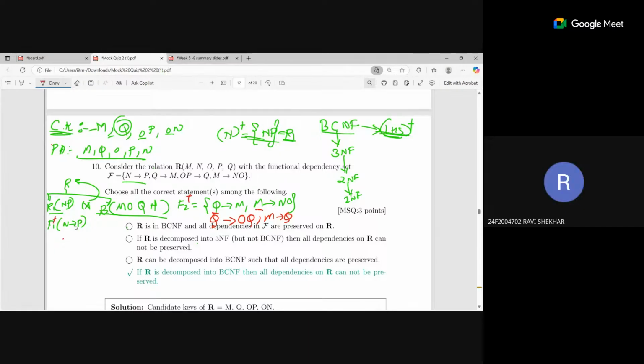Now, sir, in F2, how did we conclude that M determines Q? Because M is basically the key, right? So if I take a closure of M here, I'm going to get all the attributes, right? So it means M can determine Q in F2? No, it is not, because we do not have that FD.